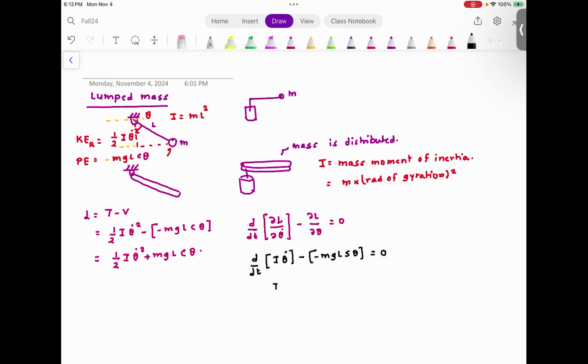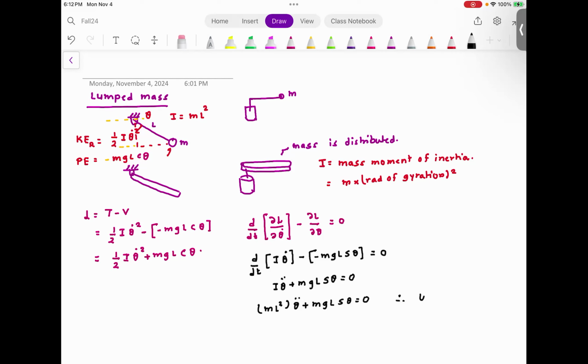And then this equation becomes I theta double dot plus m times g times l sine theta is equal to 0. And I is mass m multiplied by the radius of gyration square, so m L square theta double dot plus mgl sine theta is equal to 0.